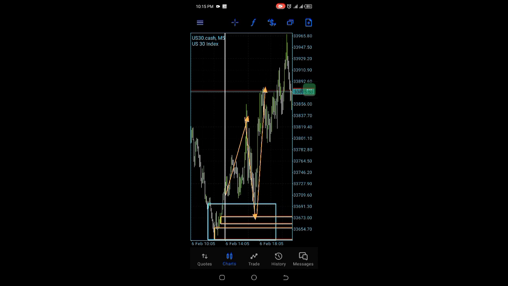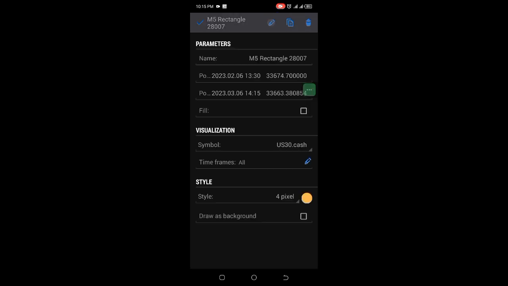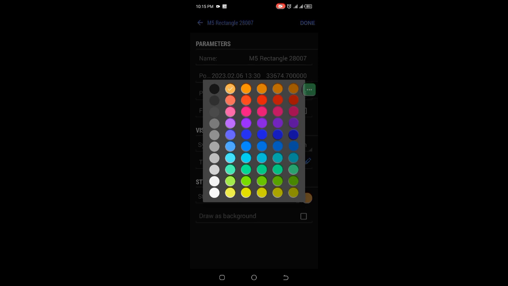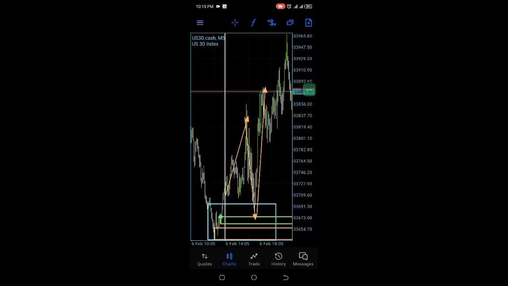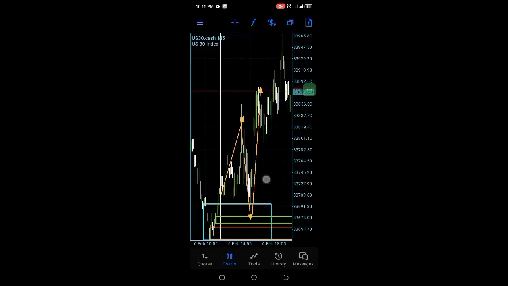Can you see this? Let me change the color so you can see properly. So you can see that this is the zone we are using, right? I think I should make this probably green. Okay, you can see the zone. Look at the zone, you can always get 1 to 3, if you are risking 1 to 3, you get that so easily.